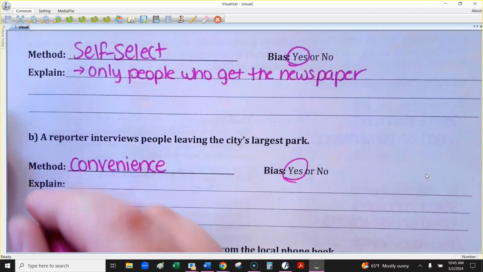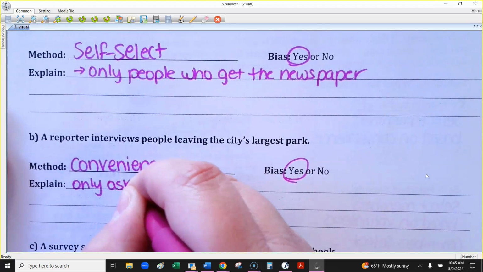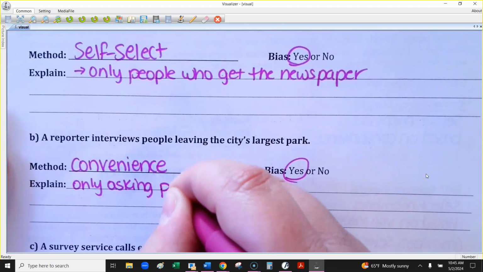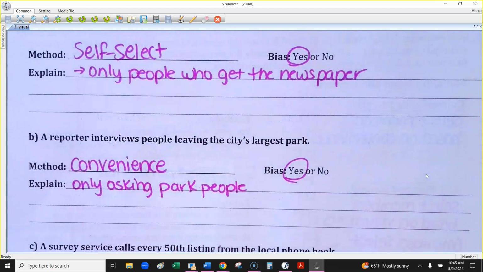So you're only asking park people. Those people would probably tend to favor improving the parks because they're actually using that. You're super underrepresenting people that don't use the park, and maybe they don't want to put their tax dollars toward something they don't want to use.